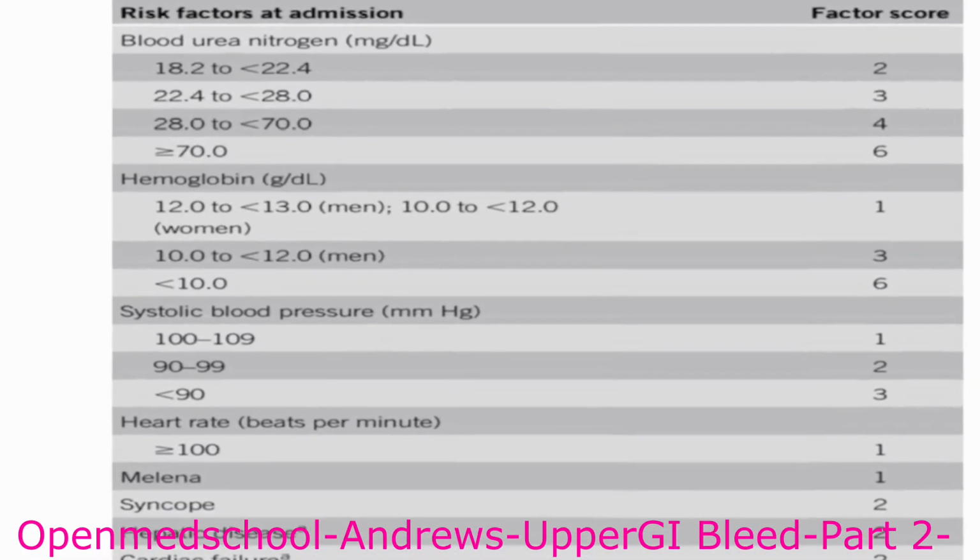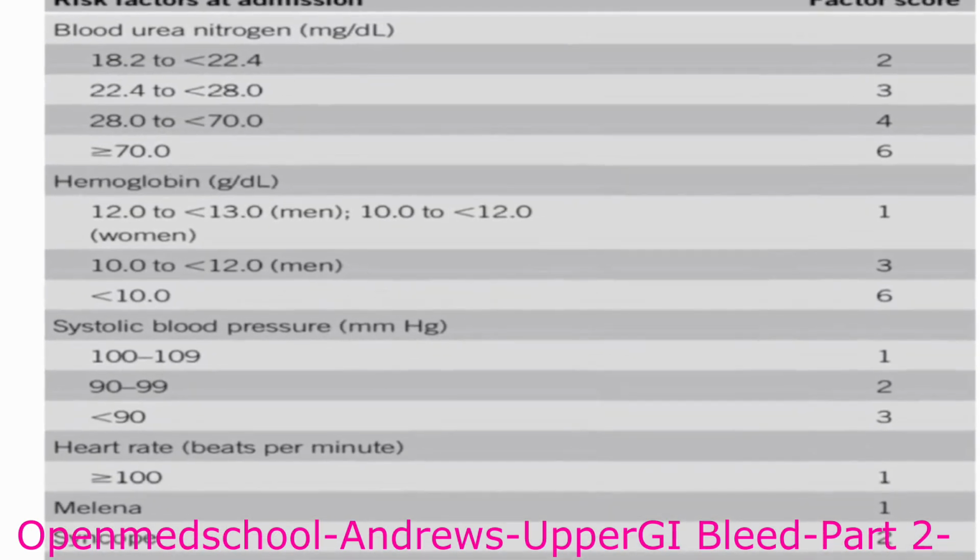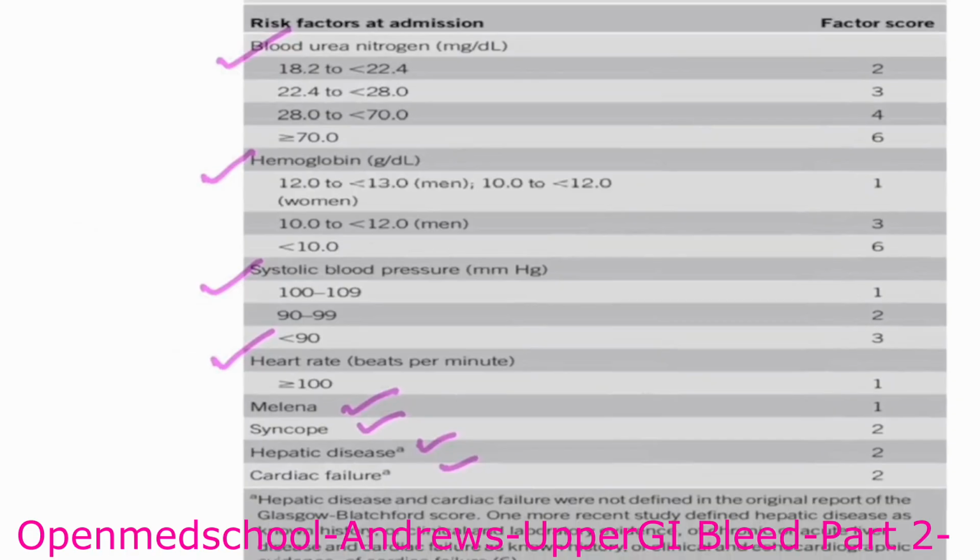So this is the Glasgow-Blatchford score. It has, one, blood urea, second is hemoglobin, third is systolic BP, fourth is heart rate, then symptoms like melena, syncope, hepatic disease and cardiac failure, and you have to score depending upon this. I won't go into the details of this.